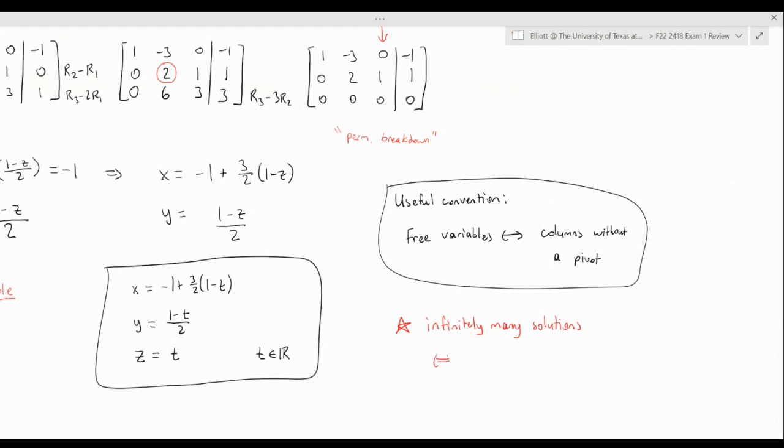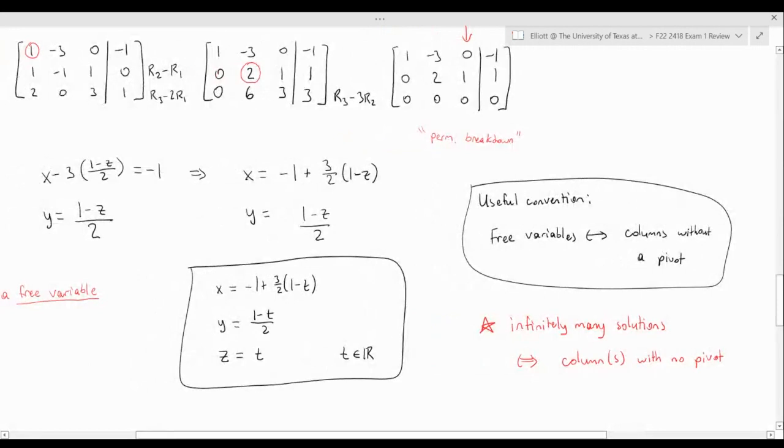Therefore, we can say that you're going to have infinitely many solutions precisely when you have a column that's missing a pivot. So that's what you'd want to look out for as you're doing elimination on a matrix to know if you're going to have infinitely many solutions. If you see a column that's missing a pivot, that's the main giveaway, okay?